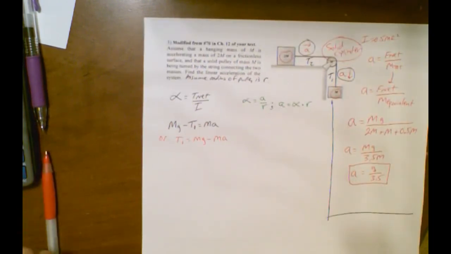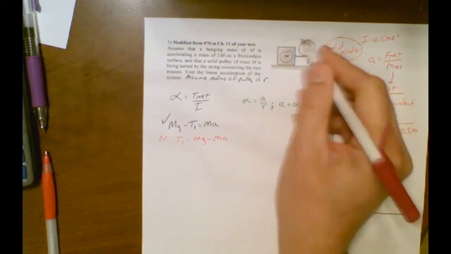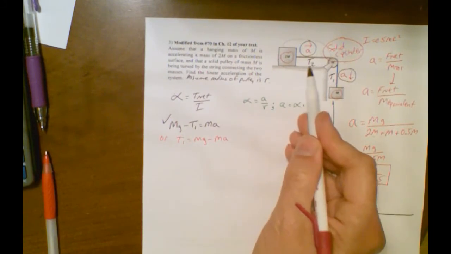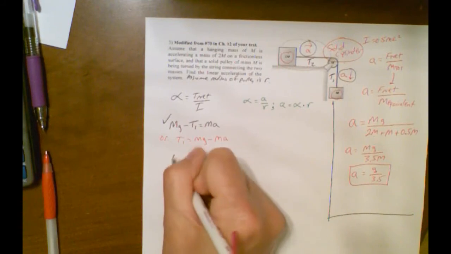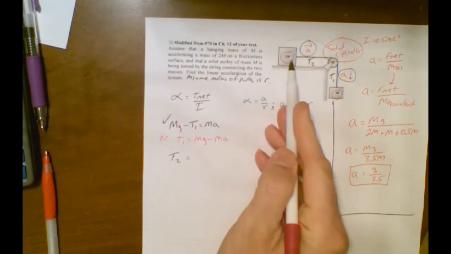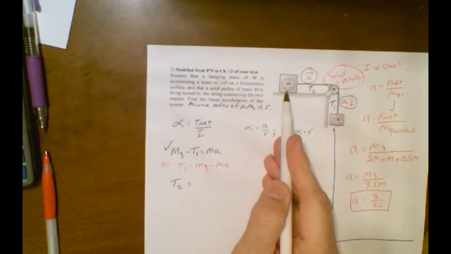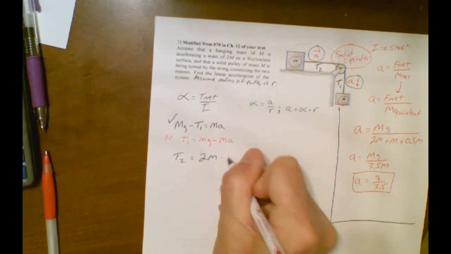So I've got this kind of down, and for this system, the only thing causing this to accelerate is tension 2. So I could say my F net here is T2. I've got a mass of 2m that's accelerating, so 2m times a.